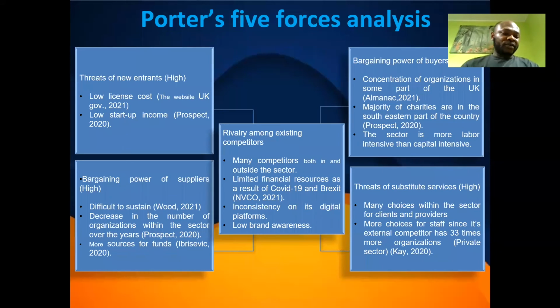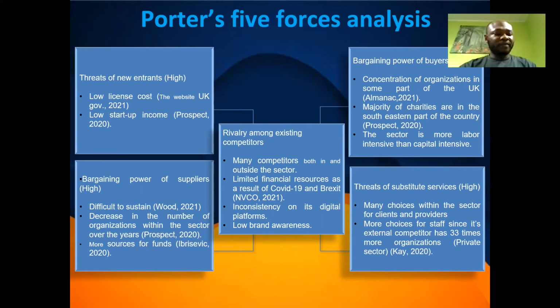The threat of substitute service is also high as the sector competes with the private sector in attracting enough employees, and the private sector has more businesses to employ staff and give enough benefits. It has an upper hand on the market. In terms of rivalry, there are so many organizations to compete with, both internal and external.